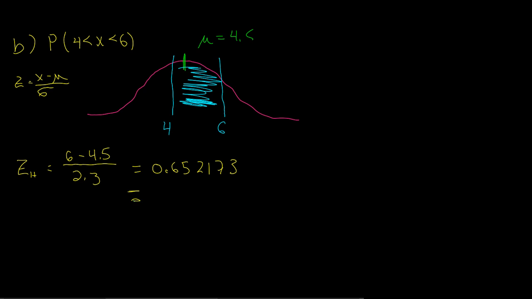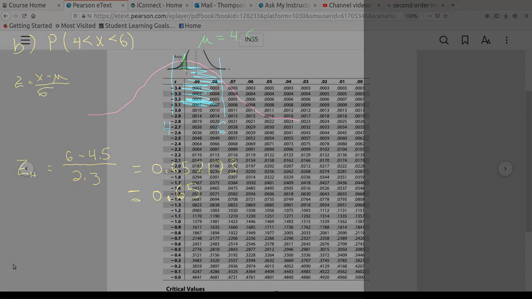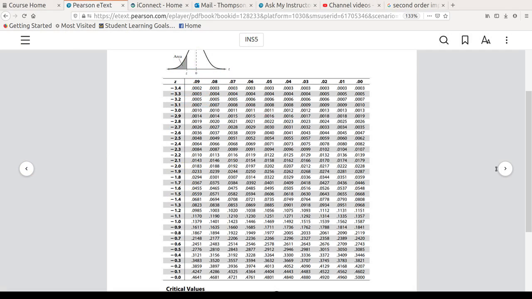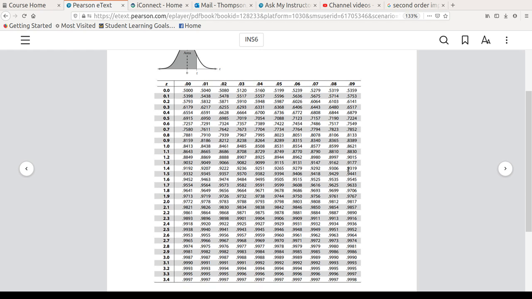But we only need 2 decimal places for our z tables, so we'll keep the 0.65. And so we'll go to our positive z table. We want 0.65, so we come down to 0.6, and over to 0.05 we get 0.7422.